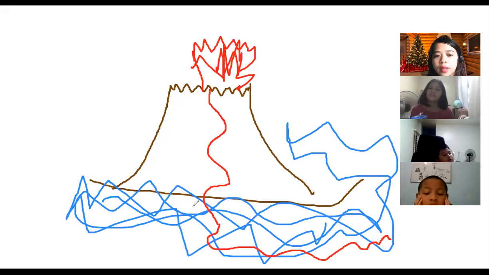When the lava or the magma touches the water, it turns into a rock. And that rock is what we call the igneous rock.